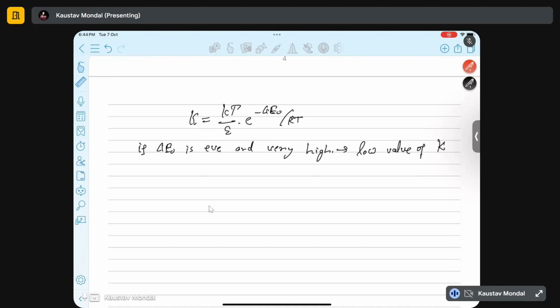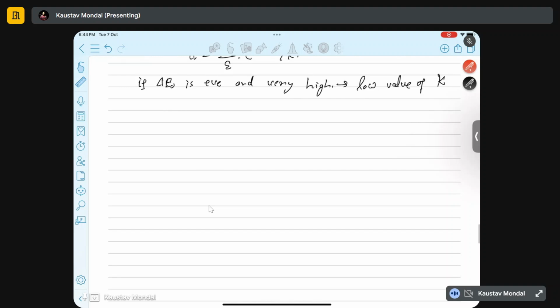So if delta E0 is positive and very high, then we get a low value of K. Similarly, if delta E0 is positive but small, then we get a relatively high value of K, right?